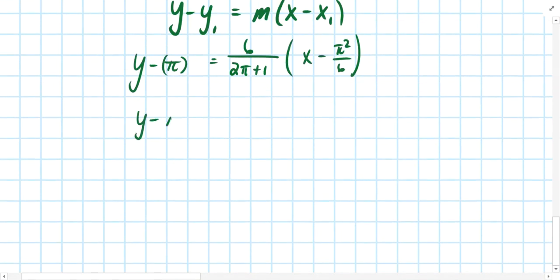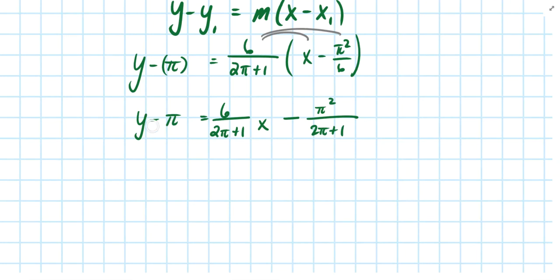So what I like to do is just clear the parentheses on the left side if I can in this first step, and then try to distribute in to the parentheses on this right side. So we're going to end up with 6 over 2 pi plus 1 times x minus, now, the 6 in this numerator is going to cancel the 6 in this denominator, and we'll be left with pi squared on the top and 2 pi plus 1 in the bottom.